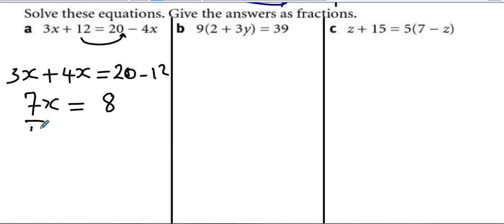So divide by 7, so x equals 8 over 7. And the instruction says give the answers as fractions, so you can stop here.